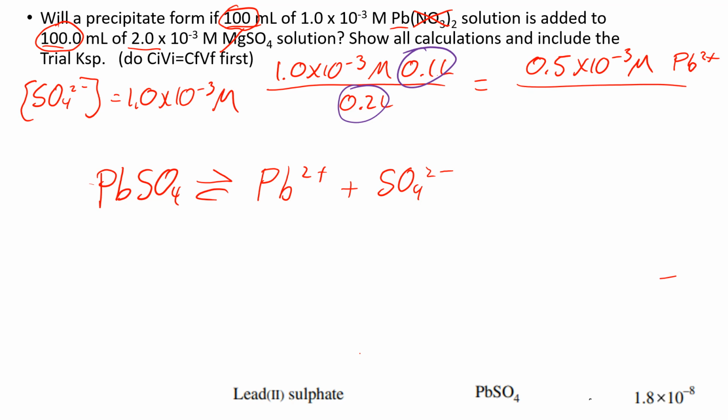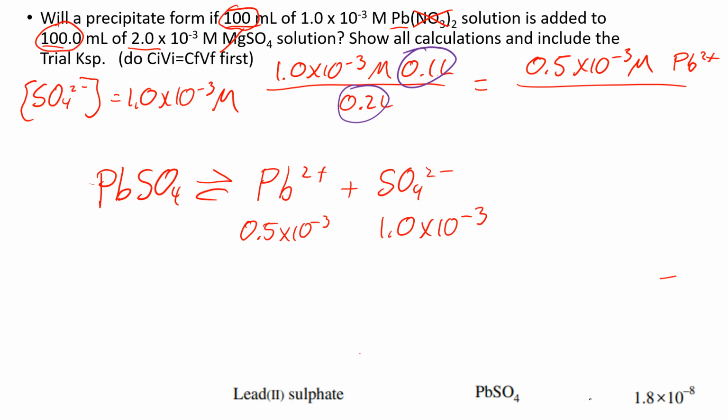This is going to be 0.5 times 10 to the minus 3, and this is going to be 1.0 times 10 to the minus 3. And now we can multiply these things together.